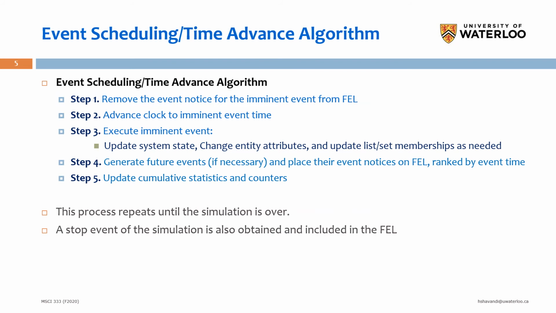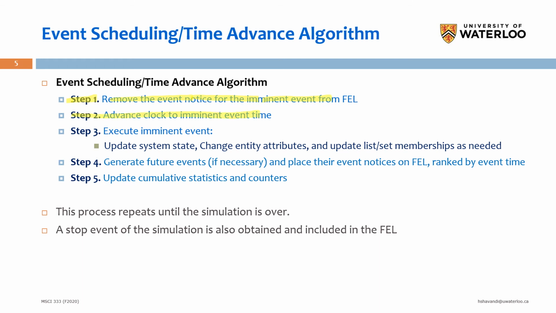Here we have the algorithm for event scheduling. As you saw, we have an imminent event in the future event list, the next event that's going to happen. As step one, we remove the event notice for the imminent event from the FEL, and then we advance the time to the event time of that event.